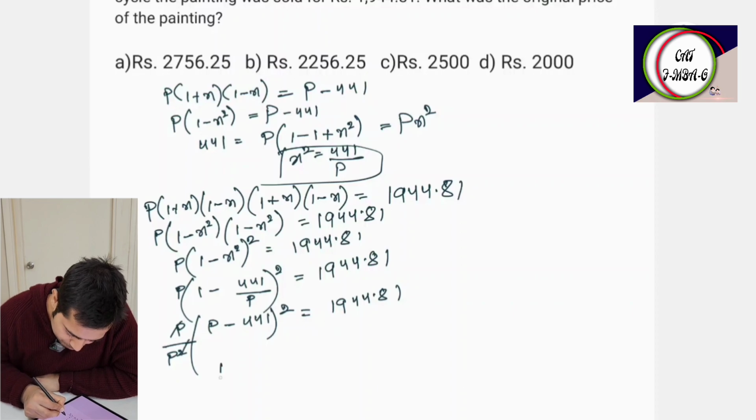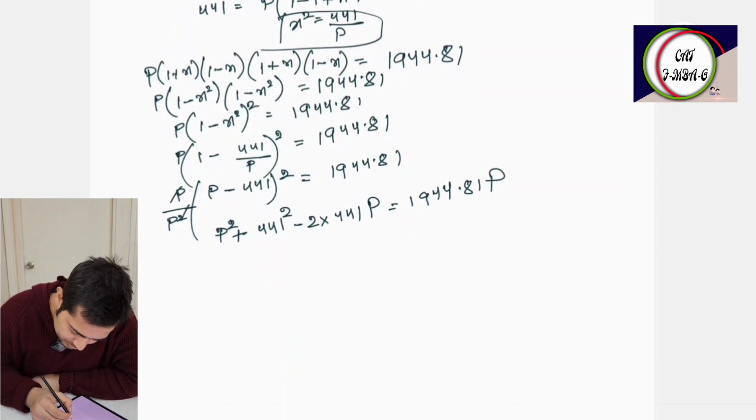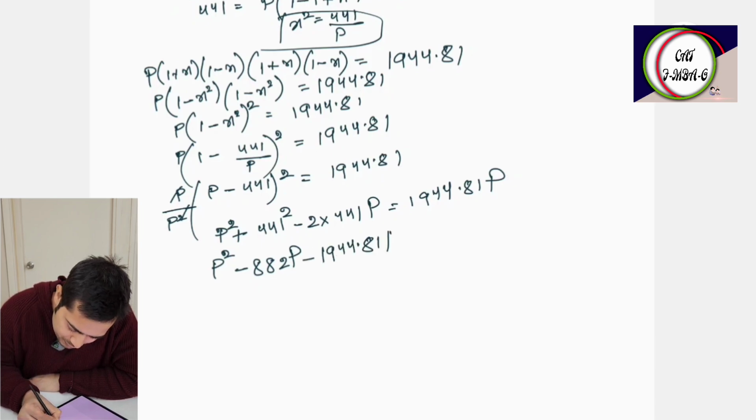P gets cancelled, so using a minus b whole square, P square minus 882P plus 441 square is equal to 1944.81P.